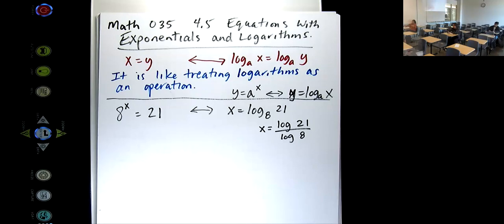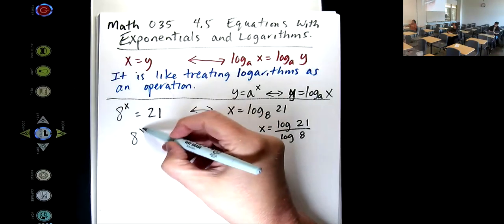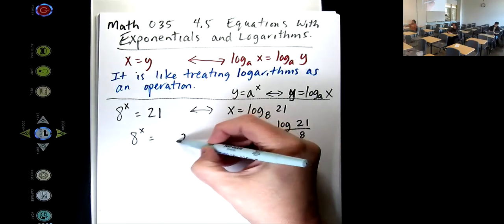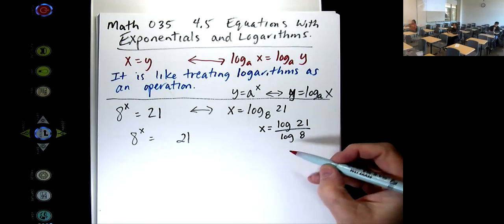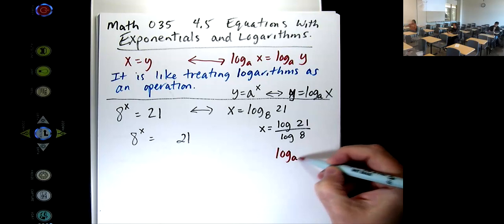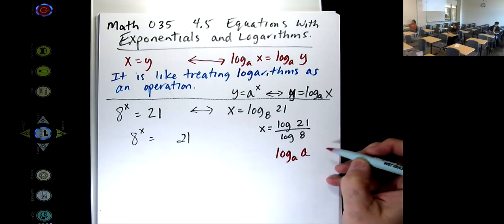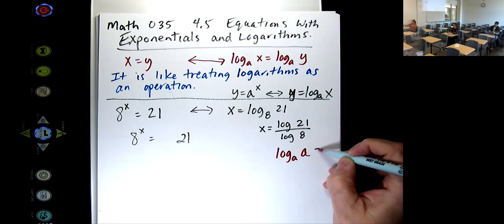Another way we can look at this is use the properties of logarithms and treat it like an operation. Remembering that log base A of A just cancels out, equals 1.